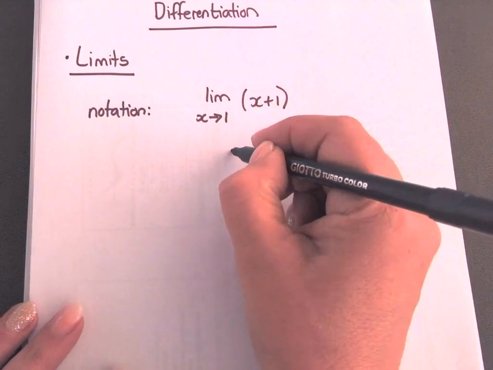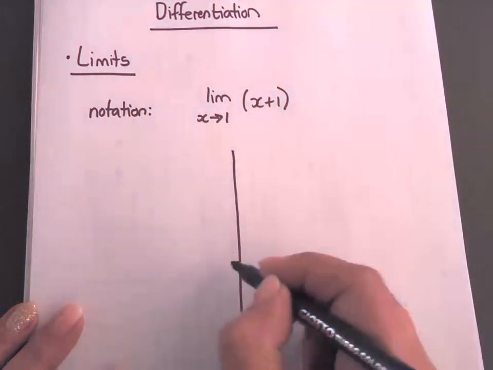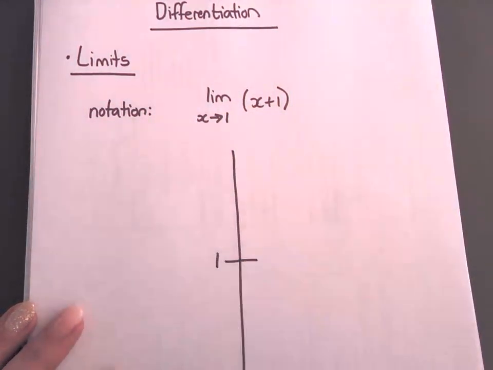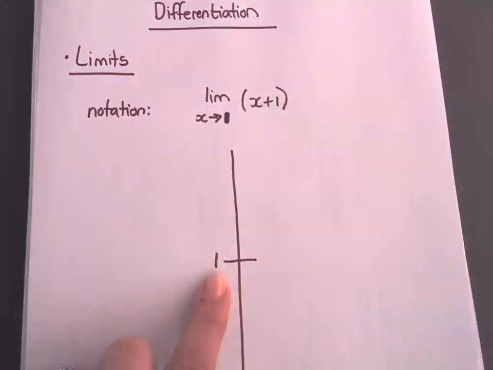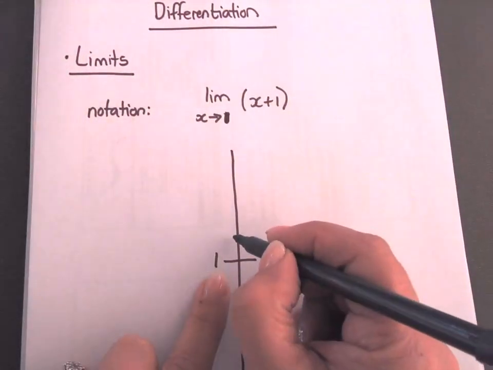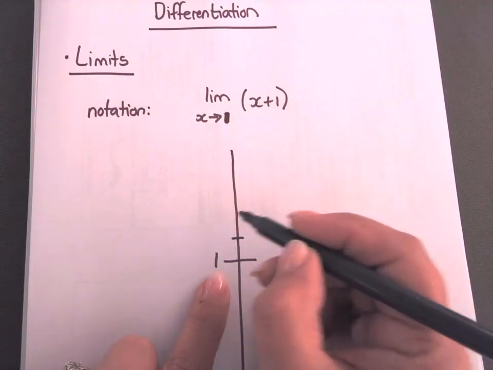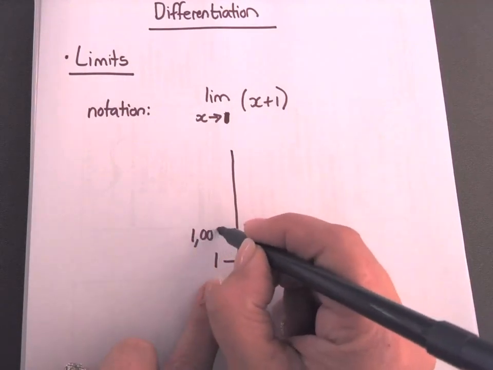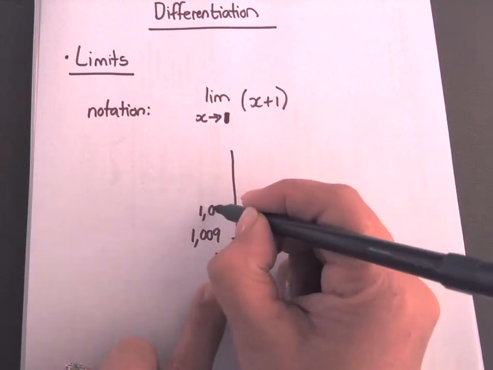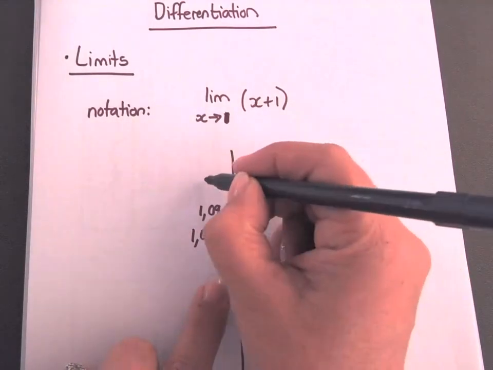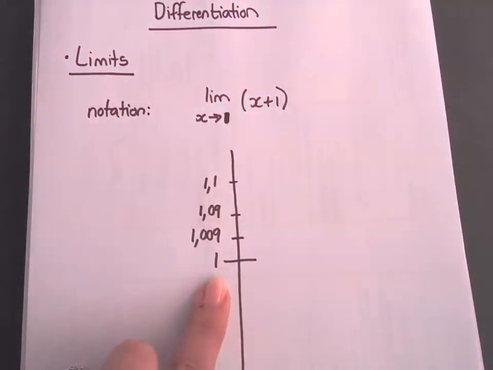If we have a number line and 1 is in the middle, that one. The number just above 1 will be 1,009, and a little bit further you'll get 1,09, and a little bit further you'll get 1,1.